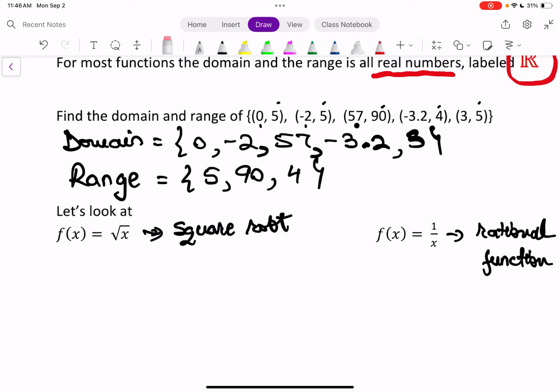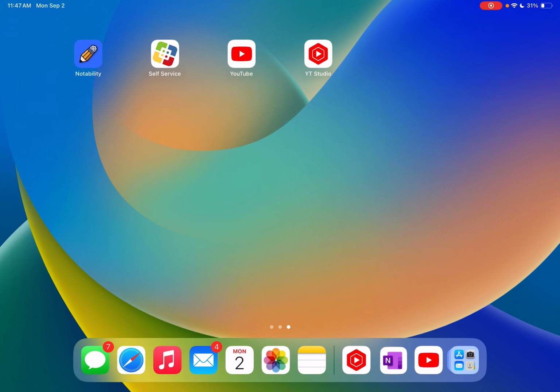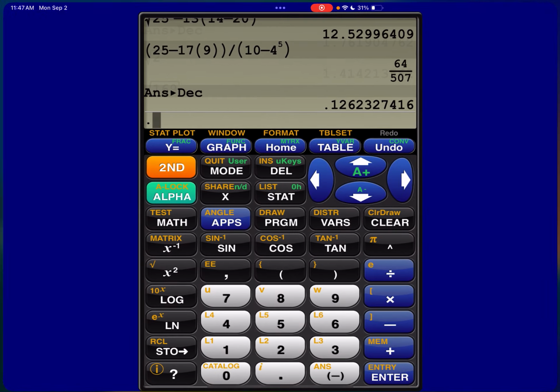The thing is, we can't plug in anything we wish in them. You can take your calculators and test it if you don't believe me, but we cannot plug in negative numbers inside a square root. I can show you on our calculator.